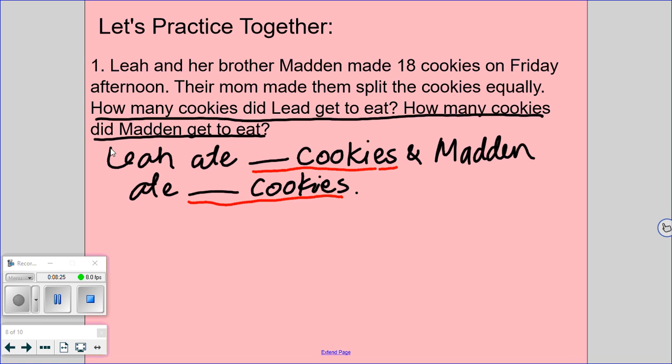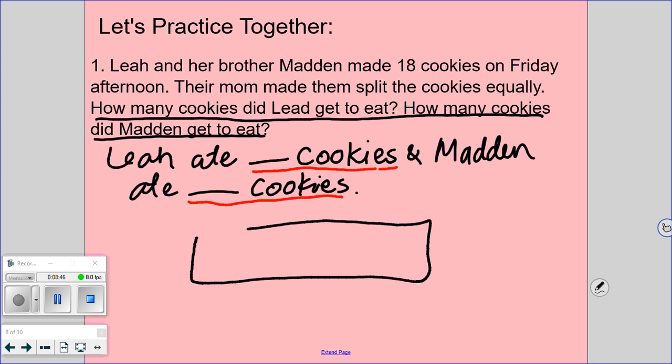What's step number 2? Ashlyn? How many? Definitely not. What is step number 2? Barrett? Use a bar model to figure out our equation. Draw our bar model. Should not take up the entire space.